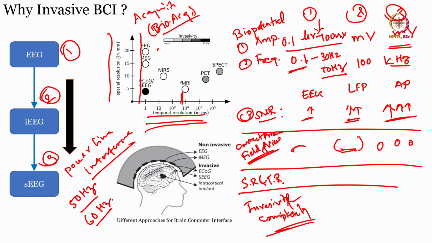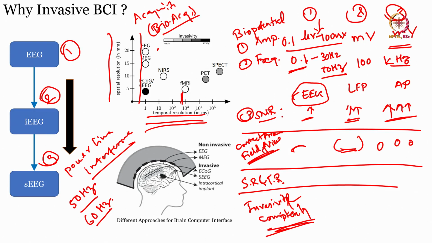Even a semi-skilled person can operate an EEG system. You have a proper headband, you put it on your head, start the recording, and EEG can be recorded, no skilled professional required. But when I talk about iEEG, it starts with first shaving the head, then performing a craniotomy, then putting the electrode on the surface. So that requires a skilled professional, which means complexity increases.